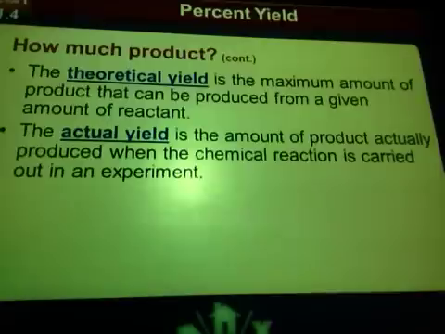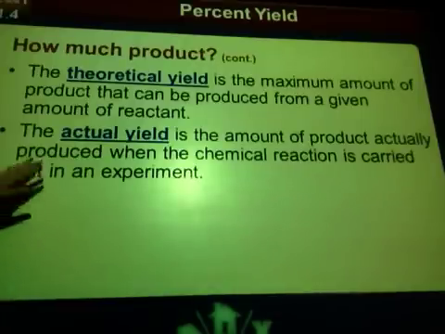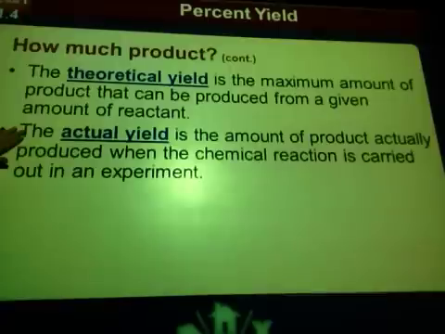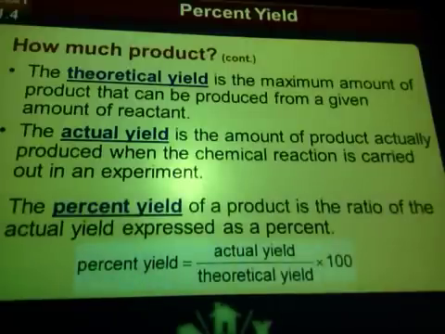But we're human, and there's always error in a lab. We can't do something with 100% efficiency in the lab. So I will always end up getting something called an actual yield. And that's just what I'm actually getting after this chemical reaction has gone through. Based on the actual yield and the theoretical yield, we can calculate something called the percent yield.